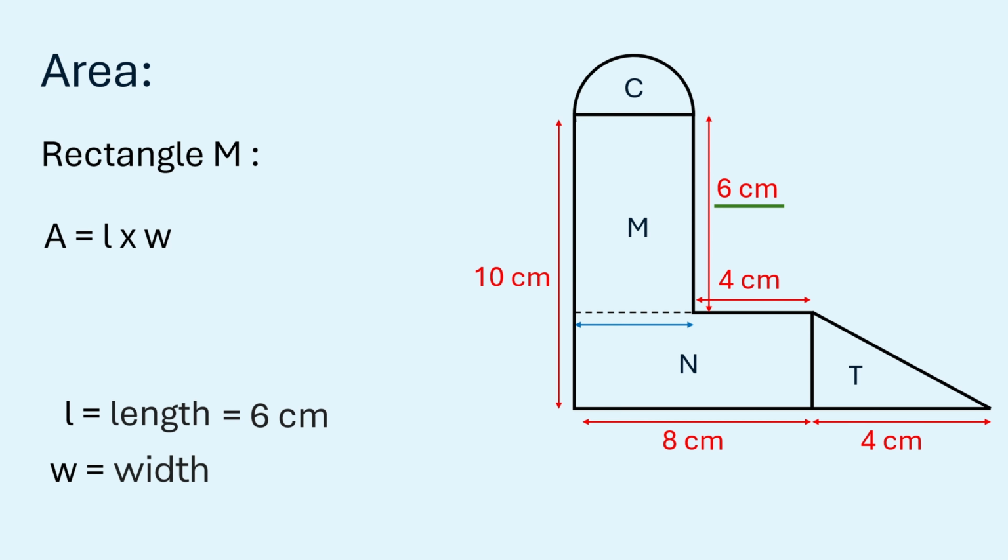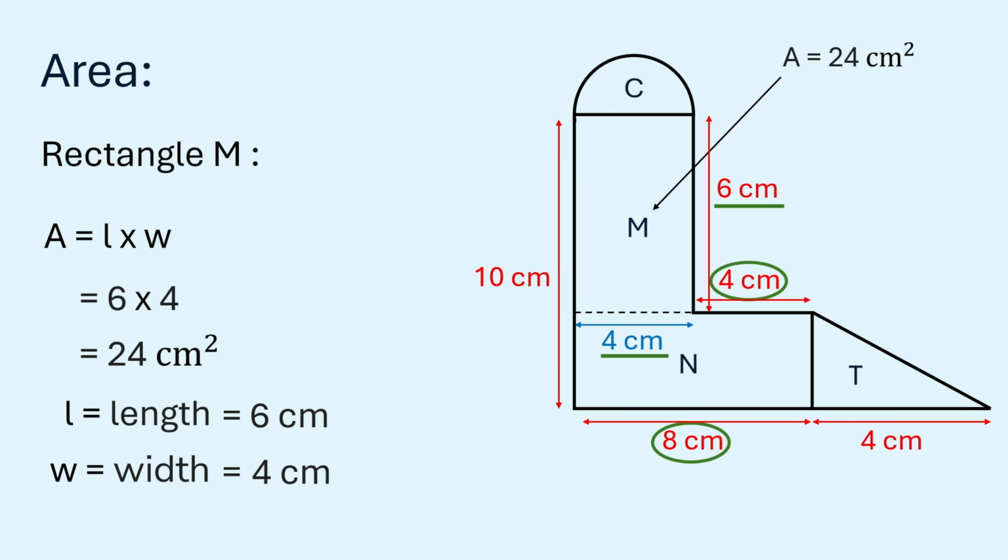W represents the width of rectangle M. Since rectangle N measures 8 centimeters, subtracting 4 centimeters leaves 4 centimeters. Therefore, the width of rectangle M is 4 centimeters. So, width W is equal to 4 centimeters. So, the rectangle's area is 6 centimeters times 4 centimeters, which is equal to 24 square centimeters.